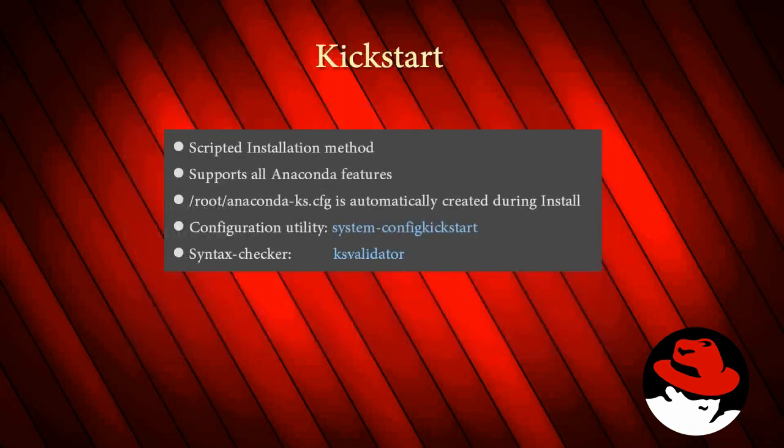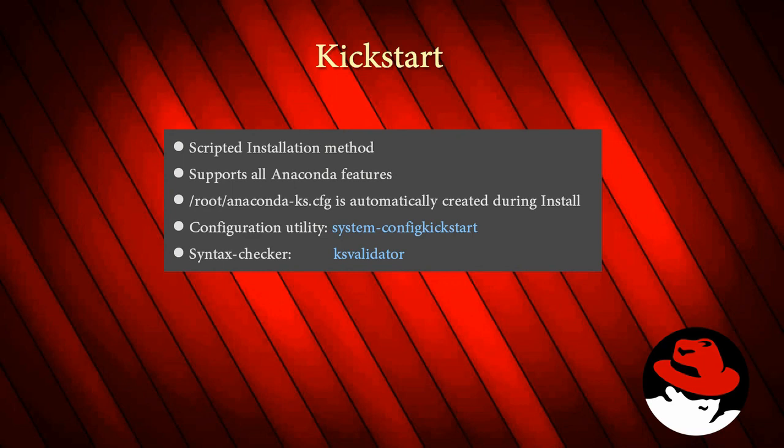Then there comes a Kickstart, which is an option. It has a scripted installation method. The Kickstart allows the installer to read information from a designated file rather than prompting the person doing the installation for it.